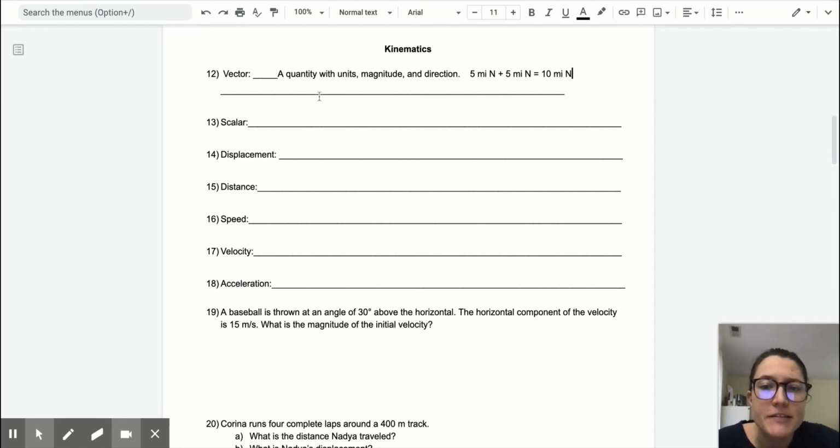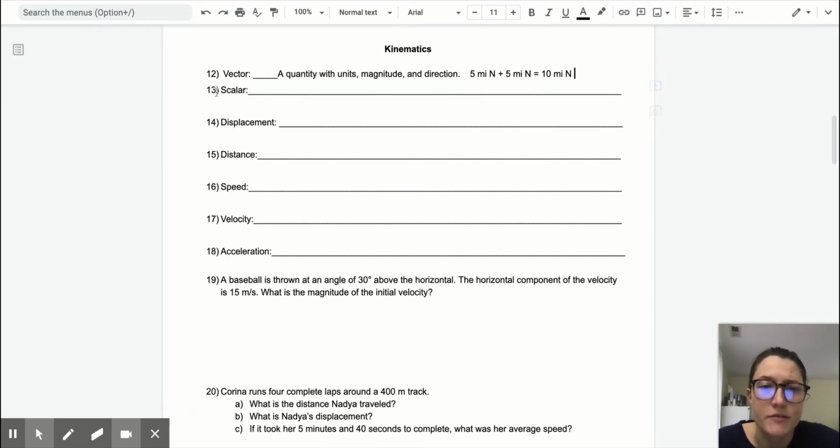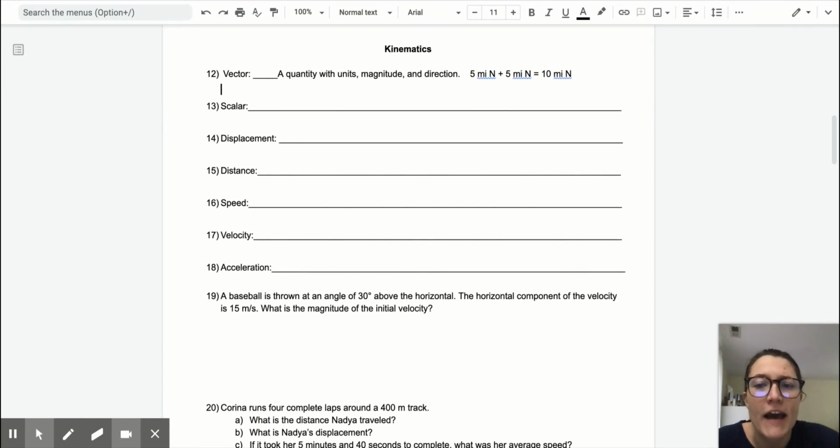If they're in directly opposite directions, meaning that we have something like 7 miles west and 10 miles east, we say that east is positive and west is negative. So we have to subtract those two vectors because they are in directly opposite cardinal directions. So we would get 3 miles east, because we've moved more east than west.